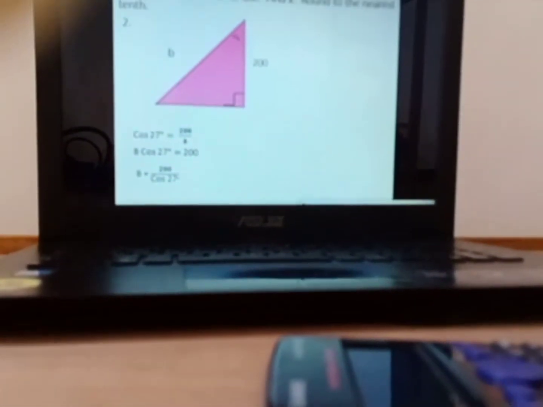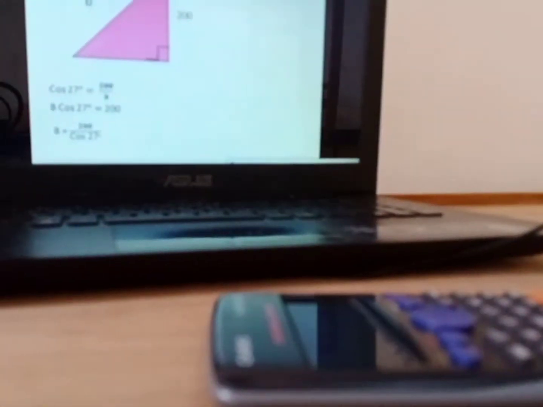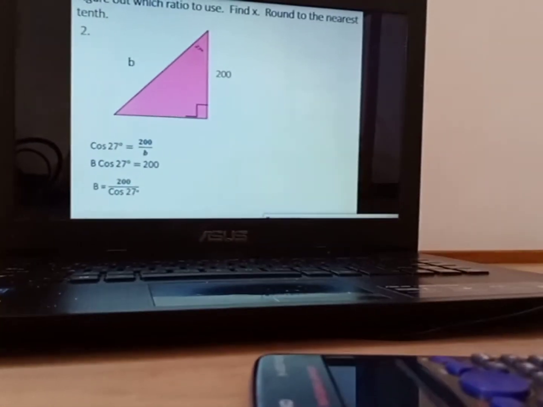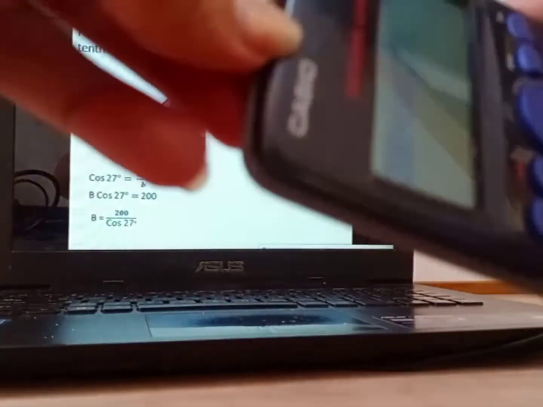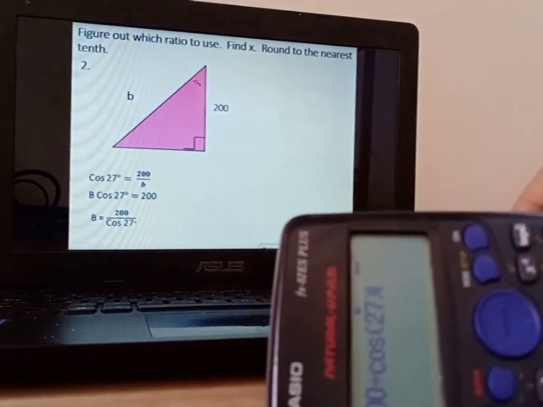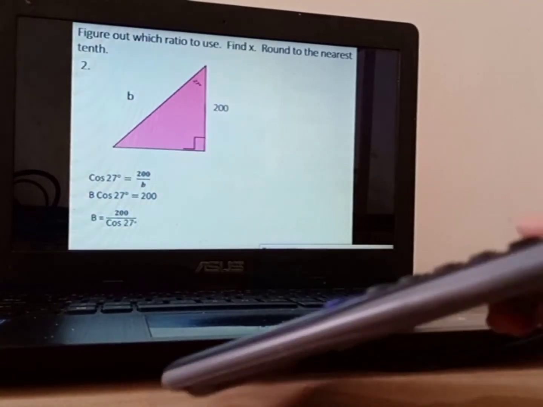So we have for our answer, and then equals.